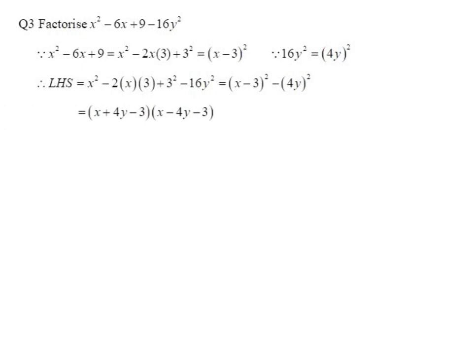So the expression turns into the form of the difference of two squares, and we can further factorize it as displayed here.